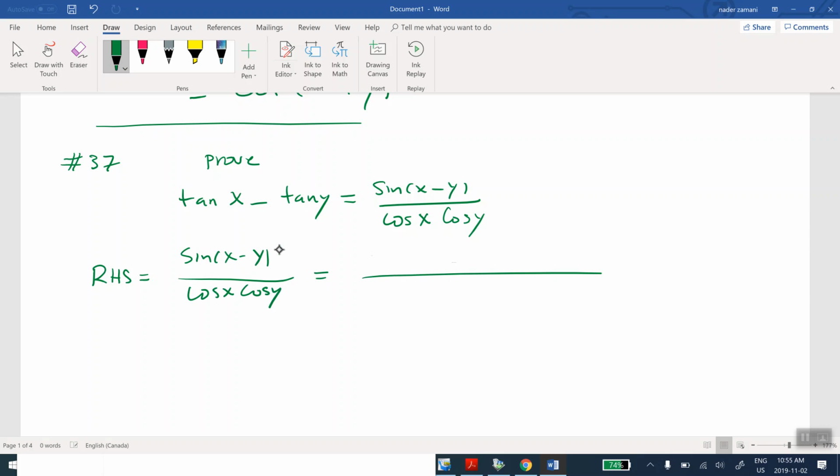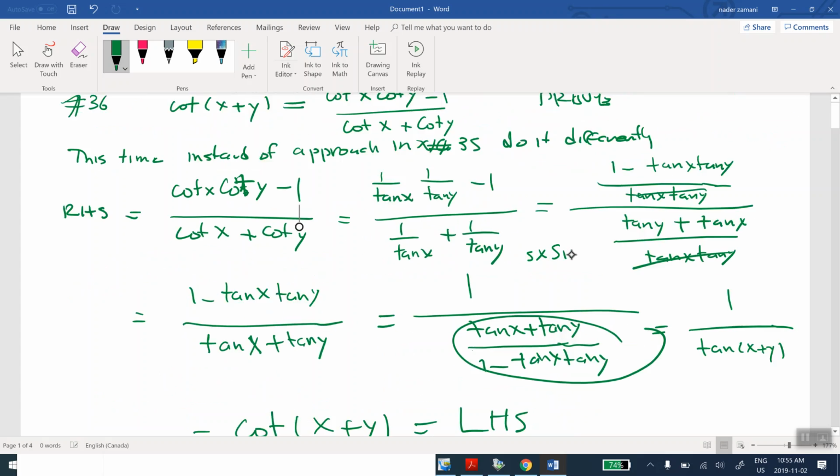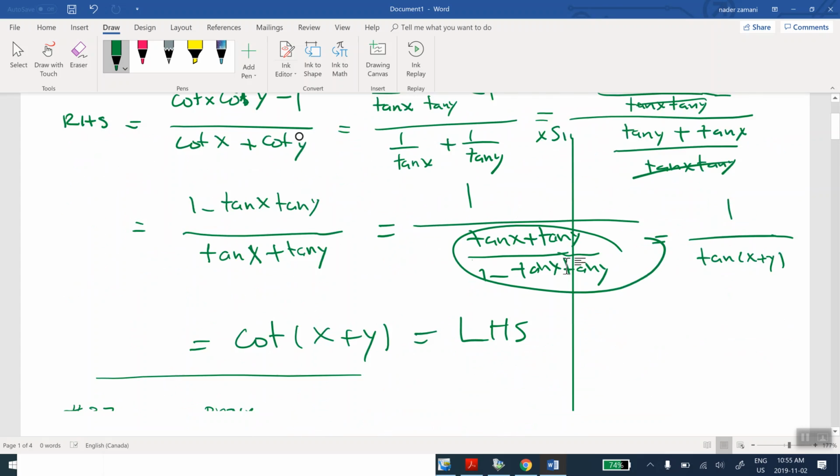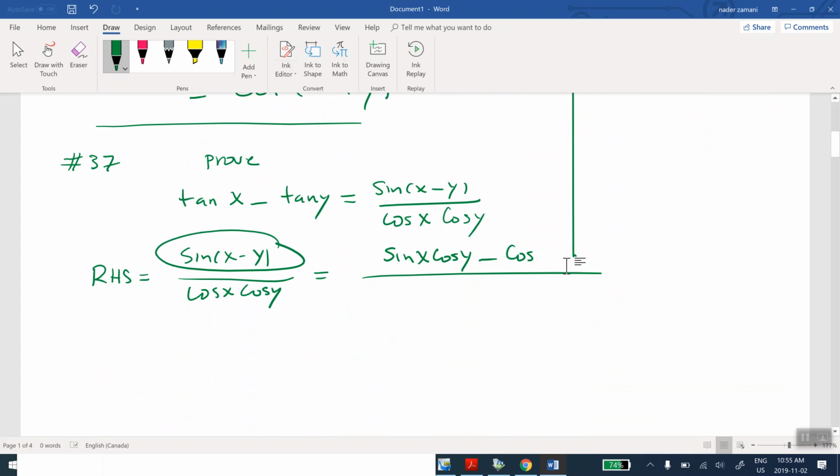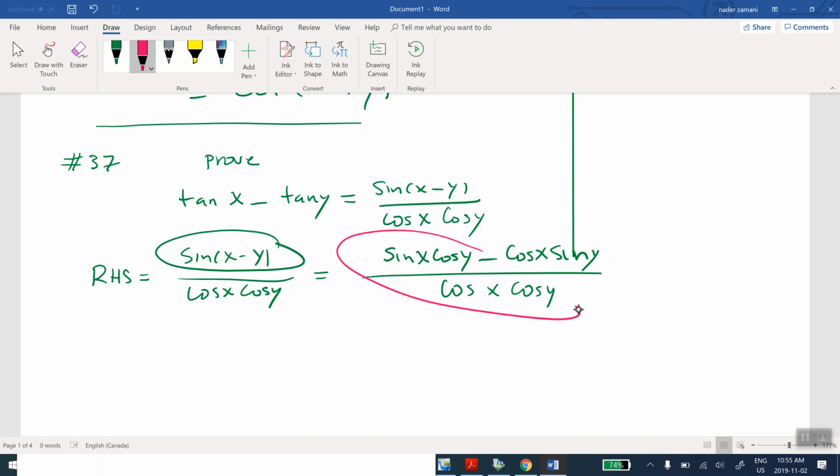Now we have a way of writing this in terms of the formula that we have seen: sine x cos y minus cos x sine y, divided by cos x cos y. Now, I want to remind you of basic laws of arithmetic. You can do this over that minus this over the bottom.